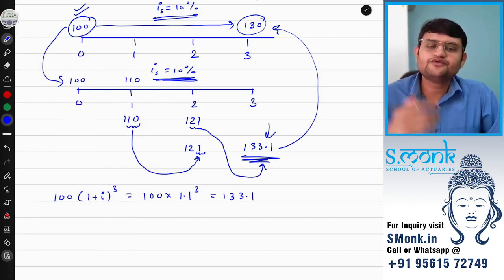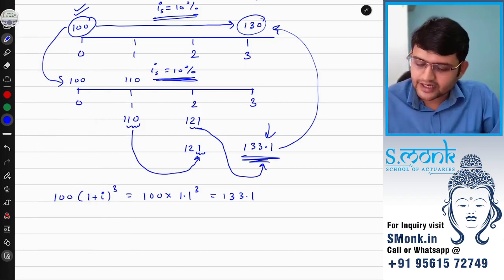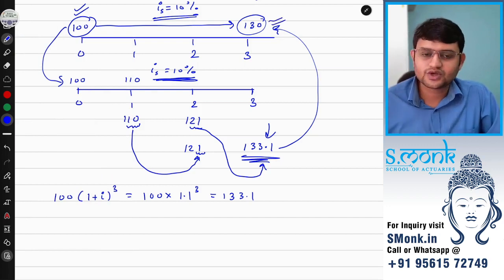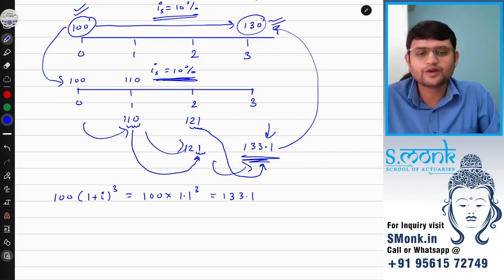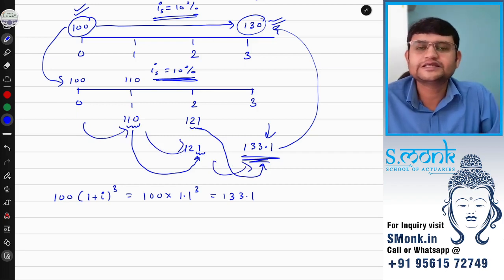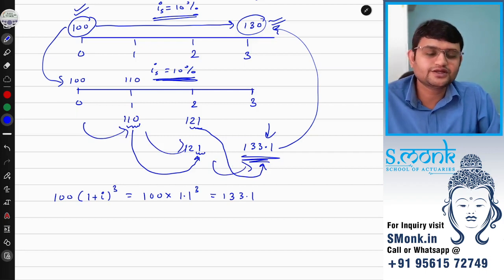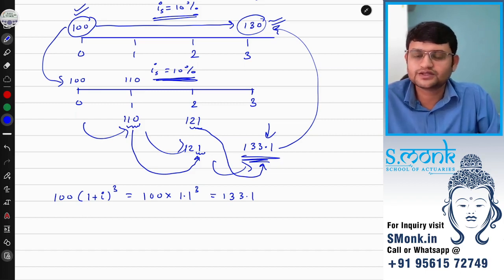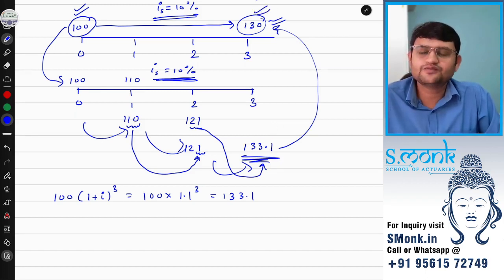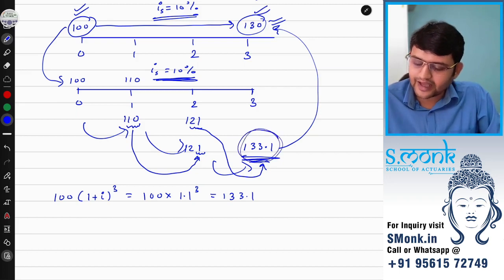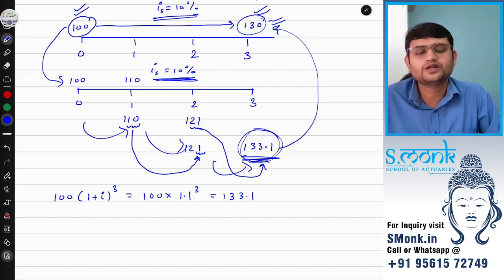Now in compound interest, whether you directly calculate for 3 years or calculate it one by one, you will always get the same answer, that is 133.1. Whereas in simple interest, we just saw direct calculation gave me 130, whereas yearly calculations gave me 133.1.